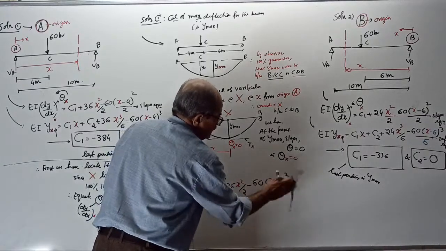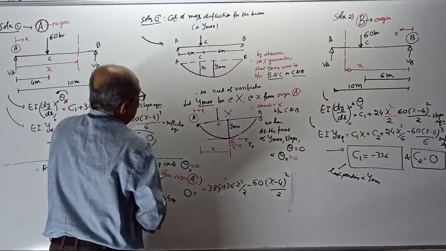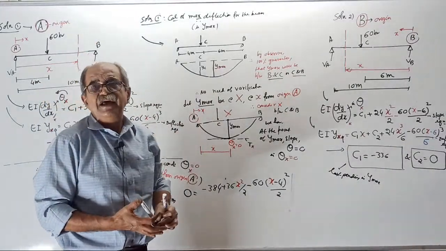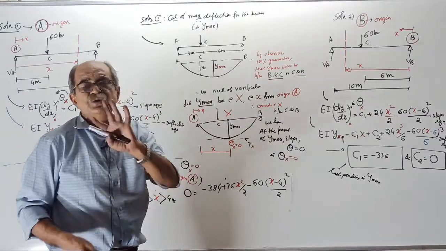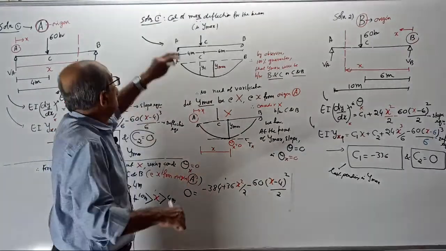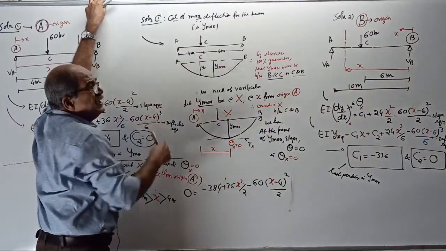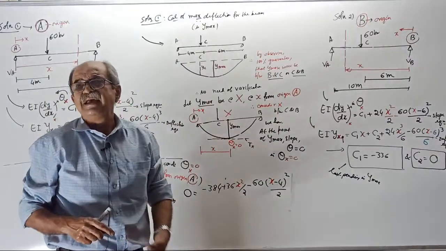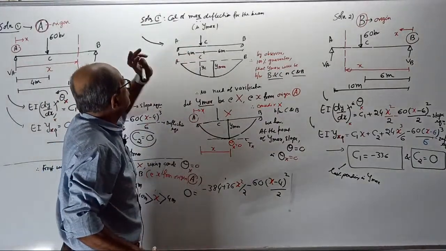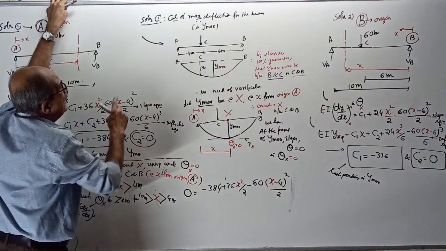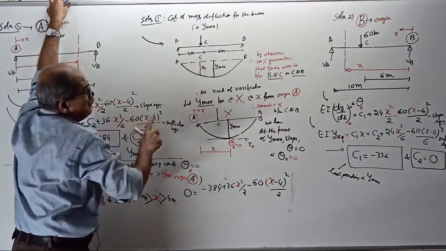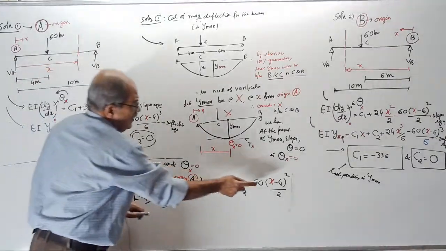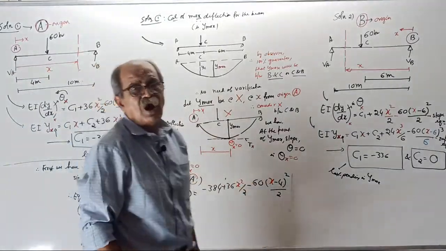This term is considered because when you take A origin, by chance you decide, actually not correct. Suppose you decide due to some reason y max will be before C. Actually wrong. Suppose by mistake you write y max is before C. Then your x will be more than 0, less than 4 meter. Then in that case, is this term x minus 4 there or not there?